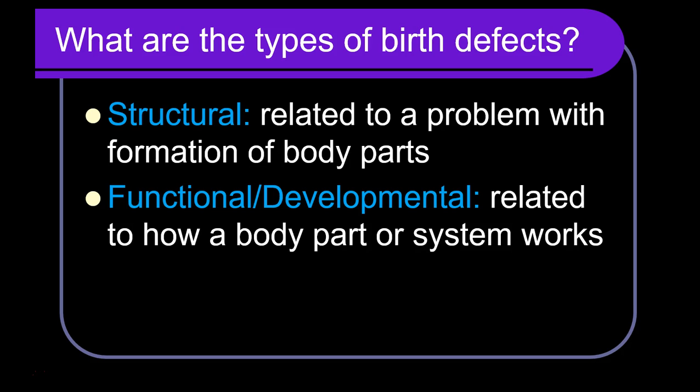A functional or developmental birth defect is related more to how a body part or system works. So types of functional and developmental birth defects could be things like nervous system or brain problems, sensory problems associated with hearing or vision, and things like that.